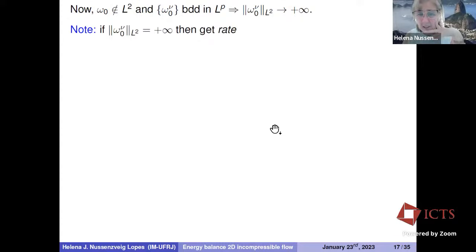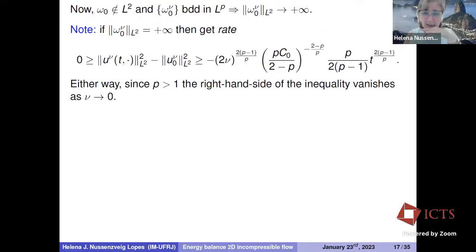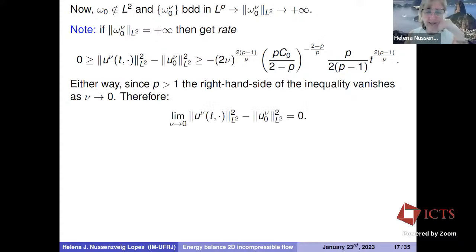If it's equal to plus infinity, then we actually get a rate at which these two norms converge to each other, a rate in time and in nu especially. Either way, since p is greater than 1, this exponent here is a positive exponent, as is this one. And therefore, when you send nu to 0, your right-hand side vanishes. And since this is less than or equal to 0, we get that the limit of the difference of L2 norms squared vanishes.